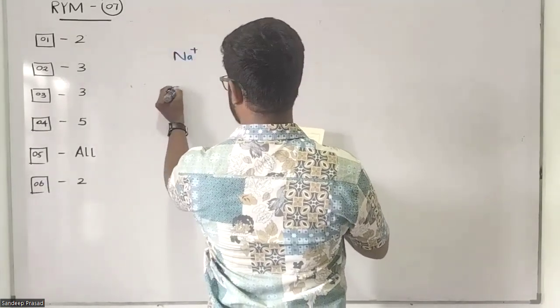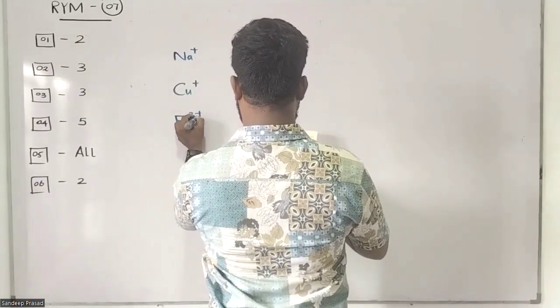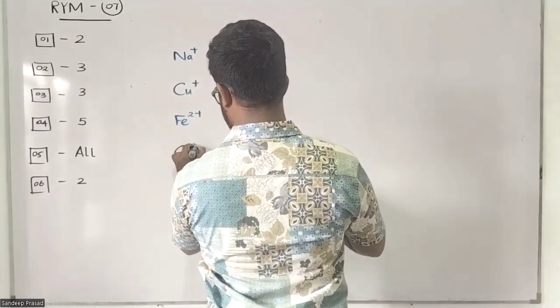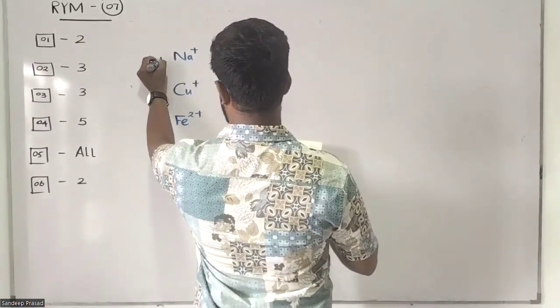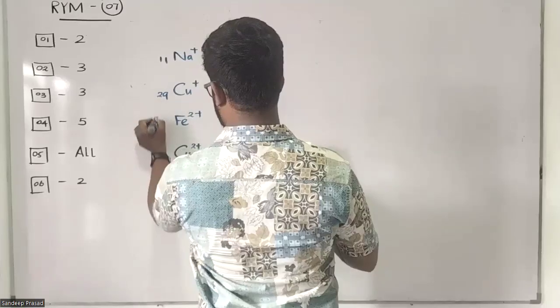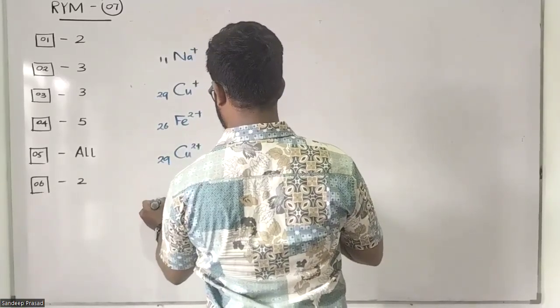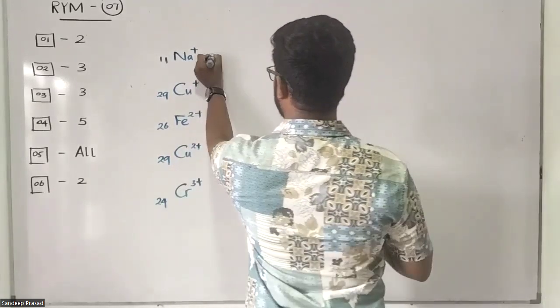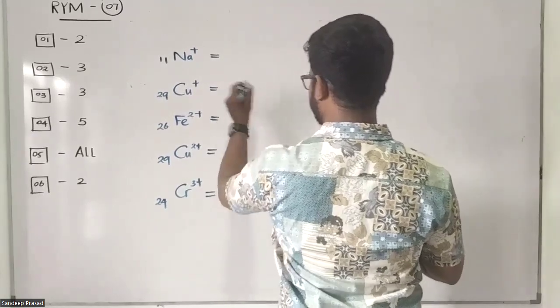Na+, Cu+, Fe2+, Cu2+, Cr3+. Sodium is 11, copper is 29, iron is 26, copper is again 29, chromium we know is 24. First of all, let's write down the elemental configurations.